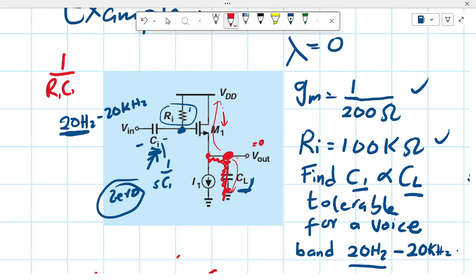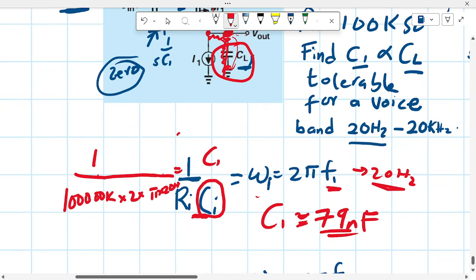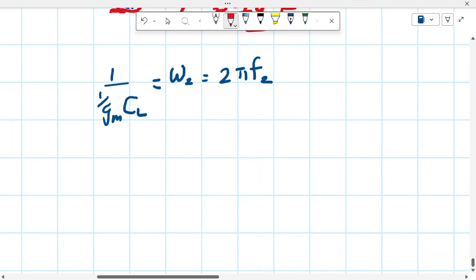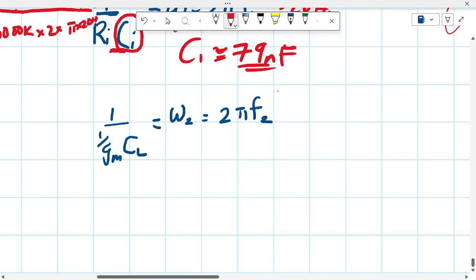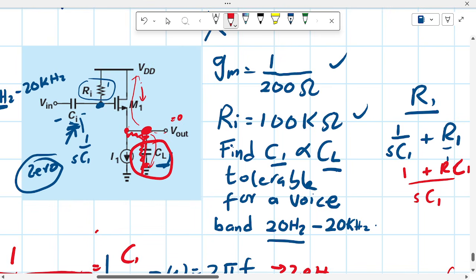So the tolerable load capacitance, we wouldn't put any capacitance here on purpose, but it might be introduced as a result of parasitic capacitance, and the tolerable one, which we need, will be calculated using the same format. But this time our resistance is going to be the impedance seen at the source of this device M1, and that is 1 over GM1, and the capacitance being CL.